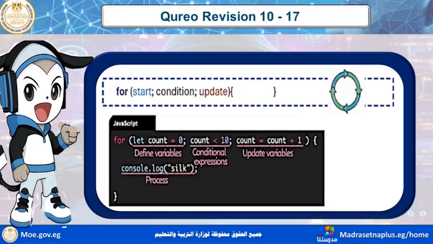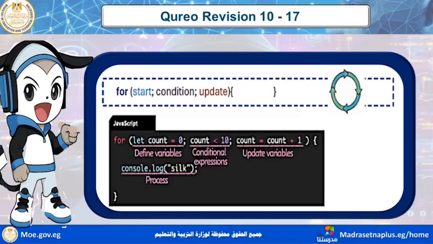The syntax for a for statement is we write the keyword for, then between the round brackets, or what we call parentheses, we write the start value, the condition, and the update, or what we call increment, the increasing value.